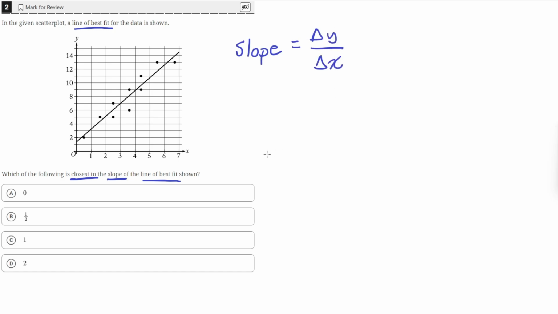So let's choose 2 points on this graph, ideally at some corners, so we can easily tell the coordinates of the point, and find the slope of the graph. So here, let's use this value here at 3 and 8, since it's at the corner, and there's not really another corner here, so we'll have to arbitrarily choose a point.